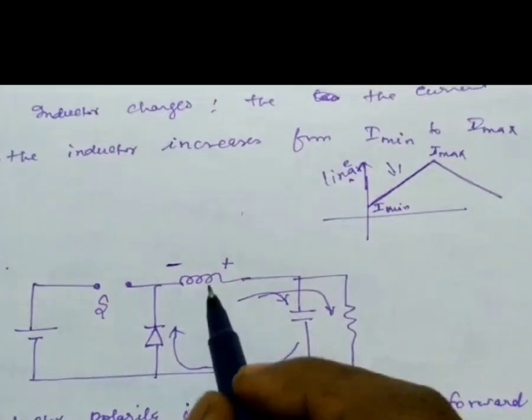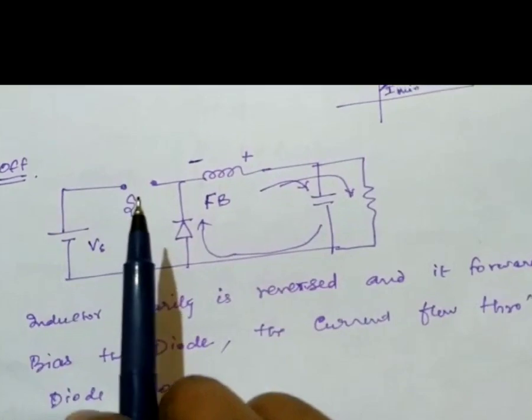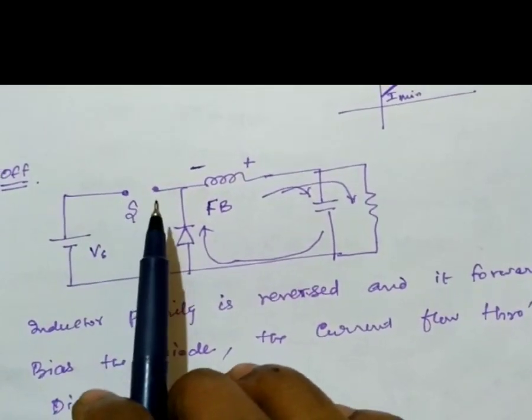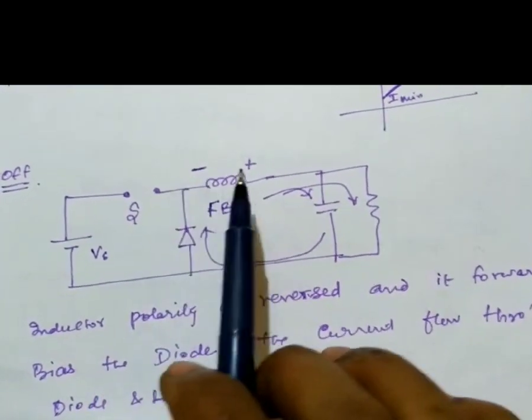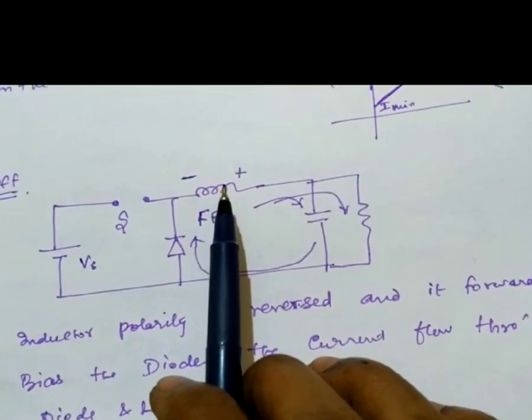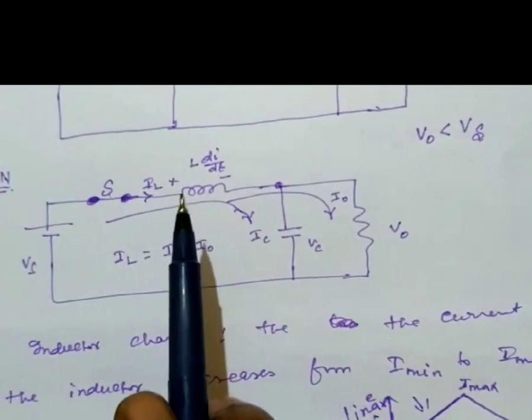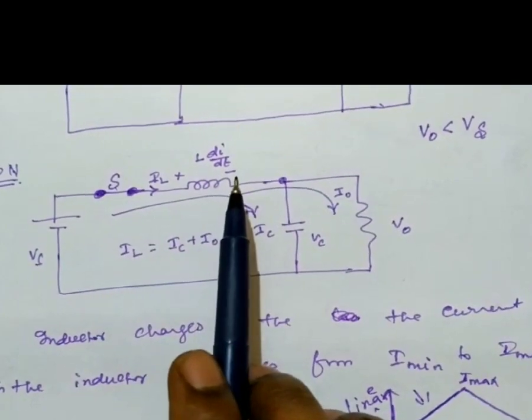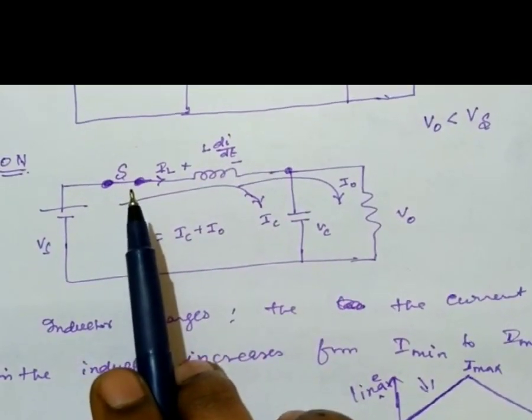When the switch is off, the inductor polarity is reversed. Previously the inductor polarity was plus on the left side and minus on the right side.